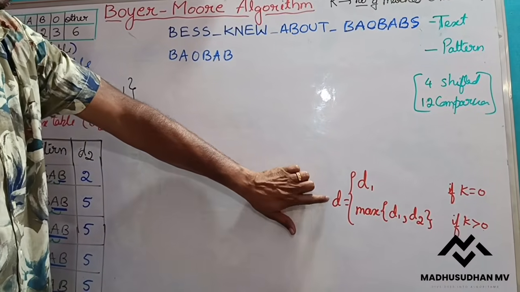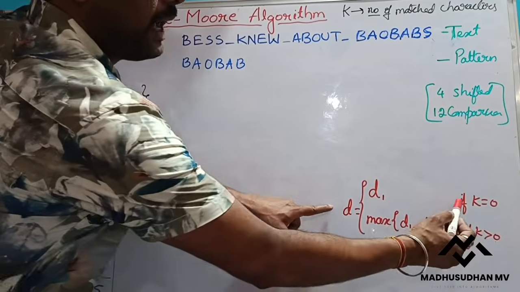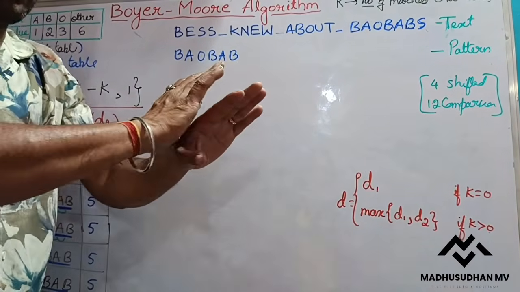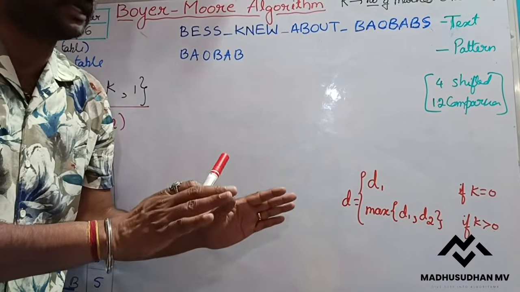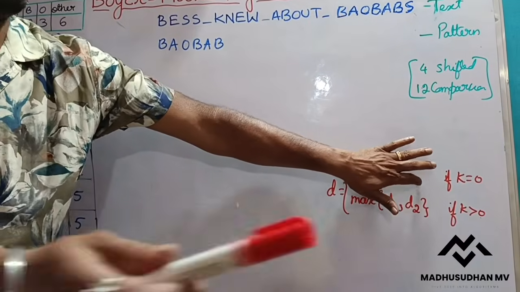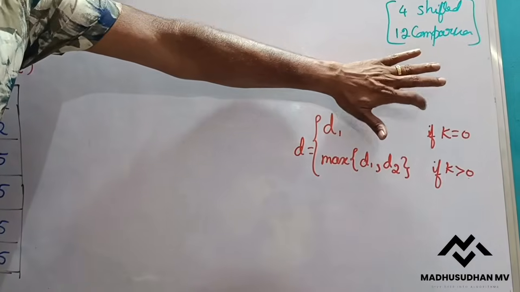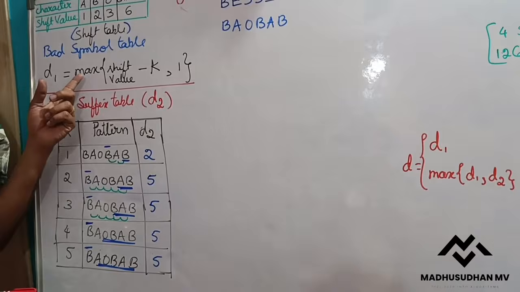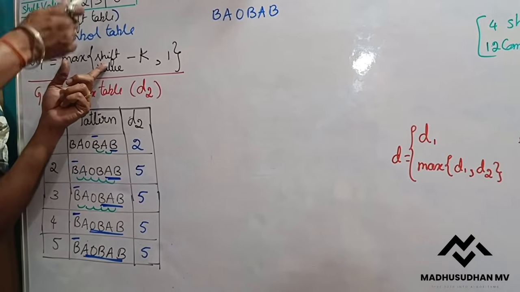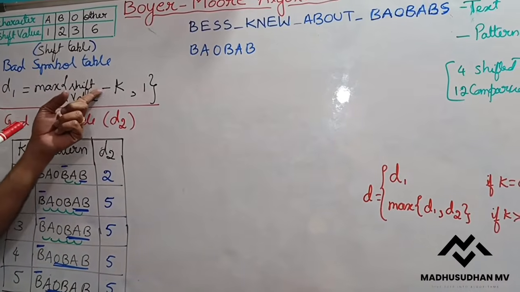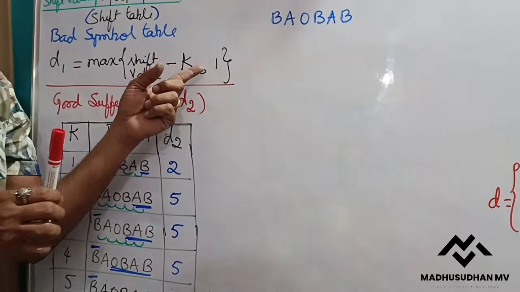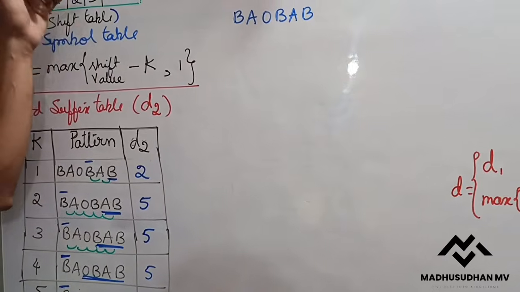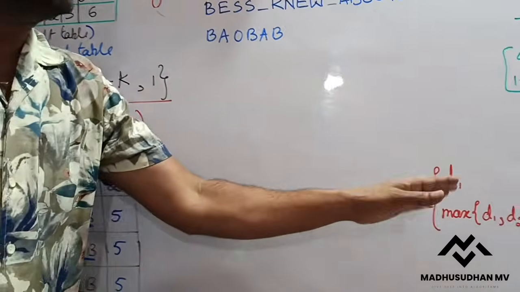Shift the pattern by this distance D. If k is equal to 0, if the number of matched characters is 0, that means we have not matched any character, but the mismatch occurs at the first position only. Then use D1. What is the formula of D1? D1 is equal to the maximum of the shift value of the bad symbol table minus the number of matched characters, k, which is 0, and 1. Whichever it is, you can use that. That is D1. Directly you take it from the shift table. Not a problem. Okay, next.